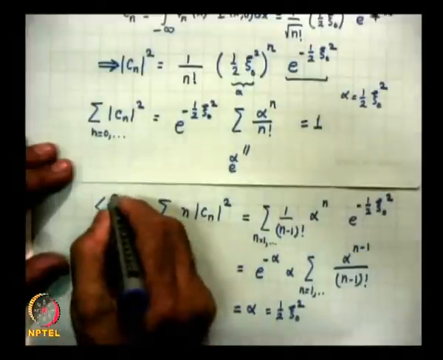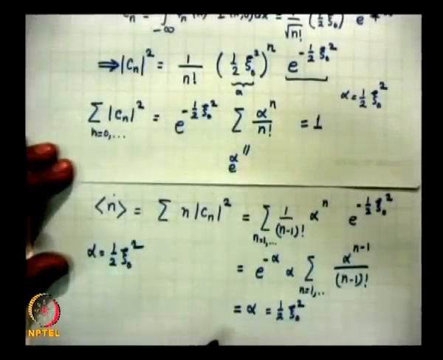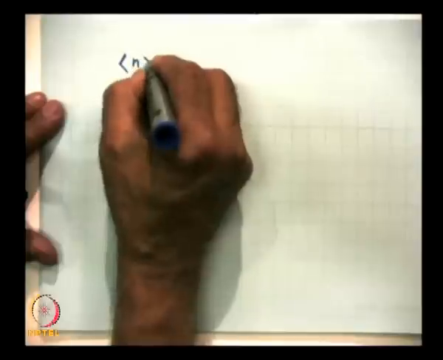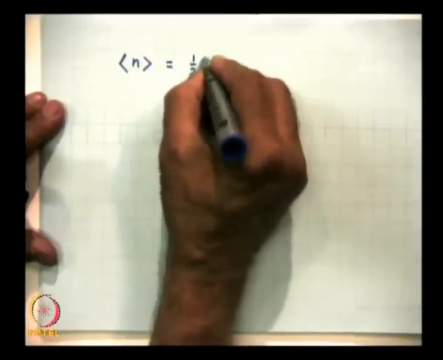Similarly, you can write down the expectation value of n square. I leave that as an exercise. The expectation value of n will be equal to half xi naught square.